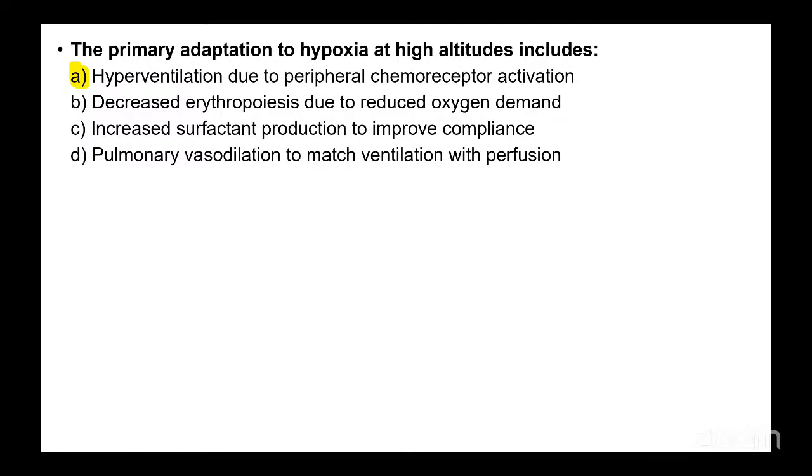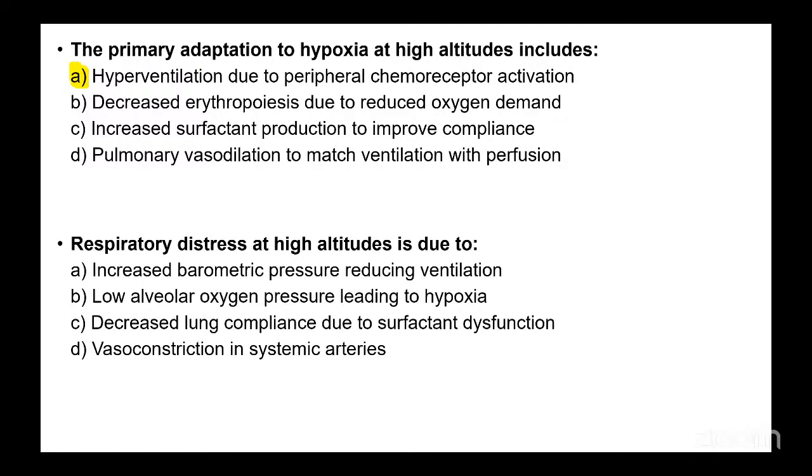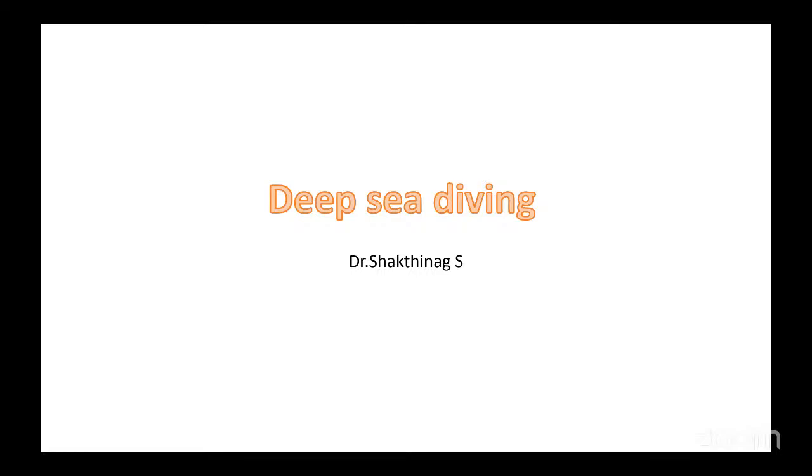But since that is not there, this is the obvious answer. If that is there, then they would ideally have to give certain conditions for us to answer it better. Respiratory distress at high altitude is due to low alveolar oxygenation pressure, leading to hypoxia.